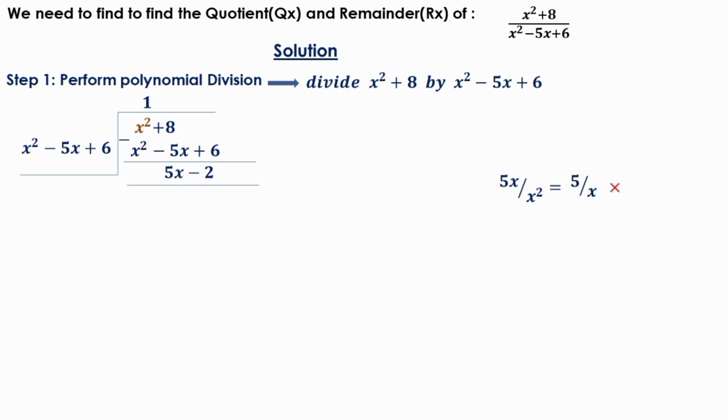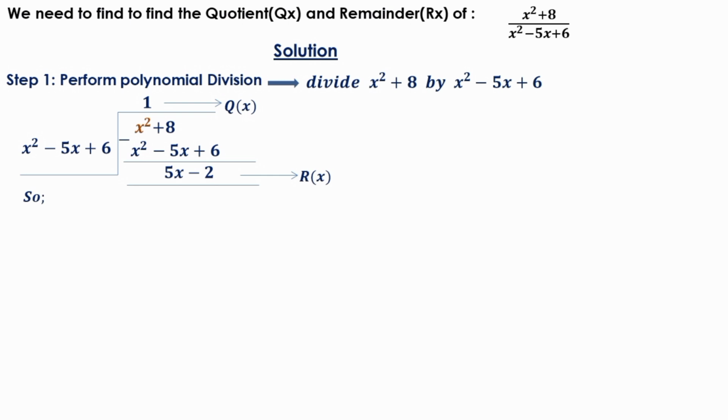I want it to divide completely. So as you can see, that is not possible. So 5x plus 2 is our remainder. So we have gotten our remainder and we have gotten our 1. Our 1 is our quotient, and then 5x plus 2 is our remainder.